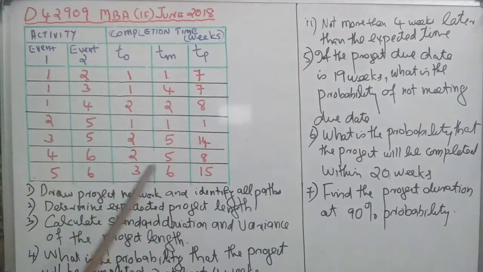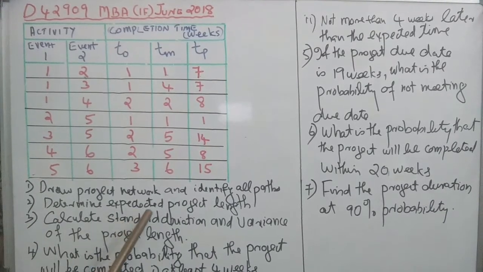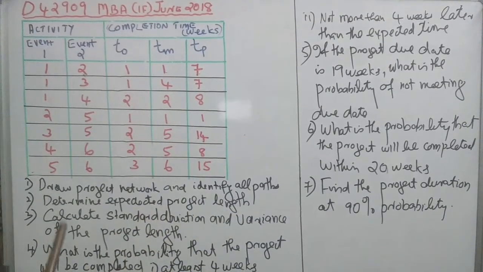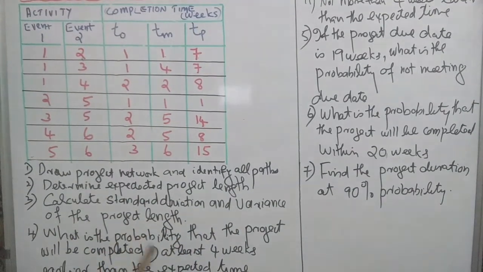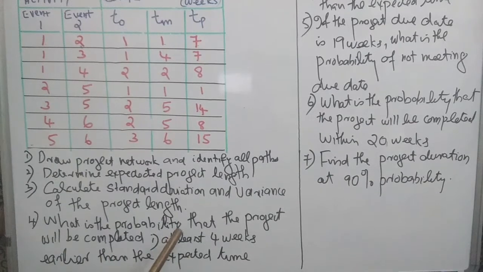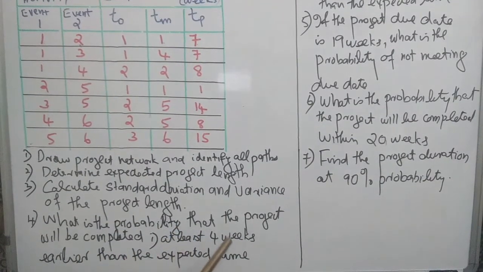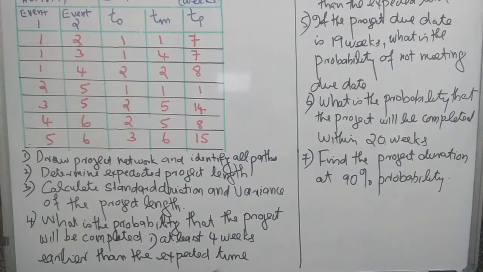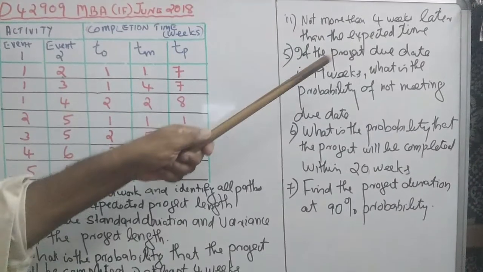This is the data. And the questions are: draw the project network and identify all paths, determine the expected project length, calculate the standard deviation and variance of the project length. What is the probability that the project will be completed at least 4 weeks earlier than the expected time, or not more than 4 weeks later than the expected time?